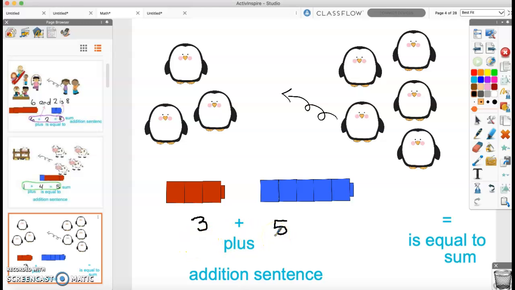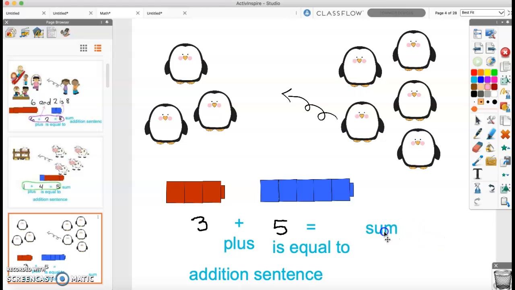What comes next in my addition sentence? If you said equal, you got it right. Excellent job. So now we have to figure out how many 3 plus 5 is equal to. We need to know the sum. So, figure that out.